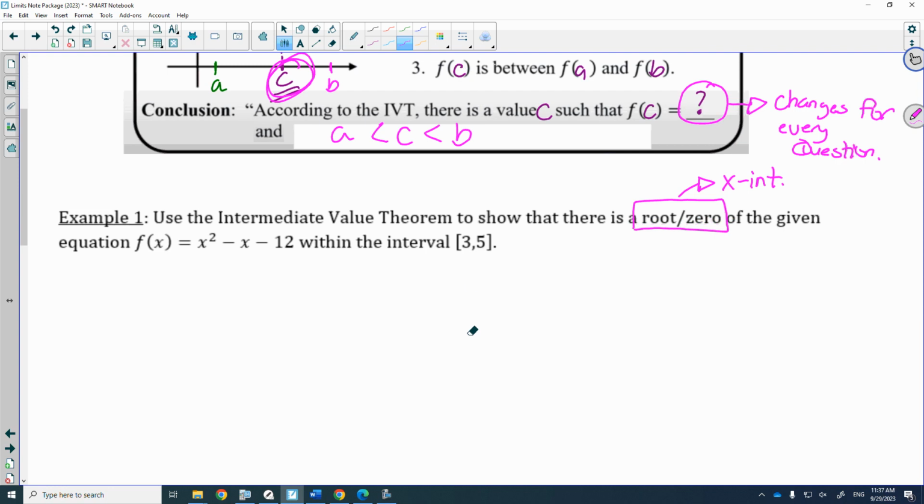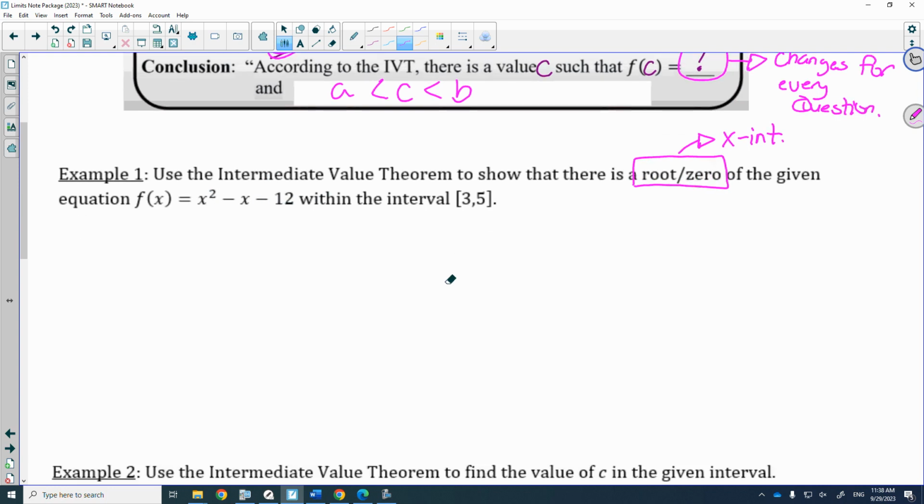Okay, so the first thing is as follows. We can only use the intermediate value theorem on continuous functions. This is a polynomial. Is this continuous? Yes. So what we state for these questions is we're just going to state that f of x is a polynomial.